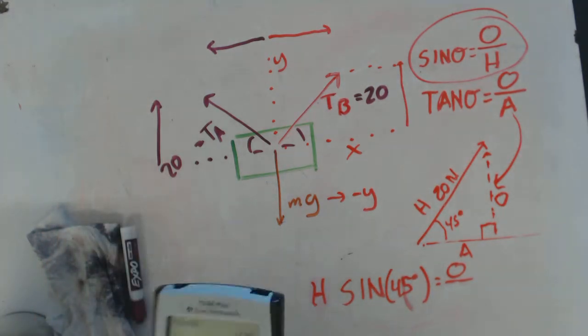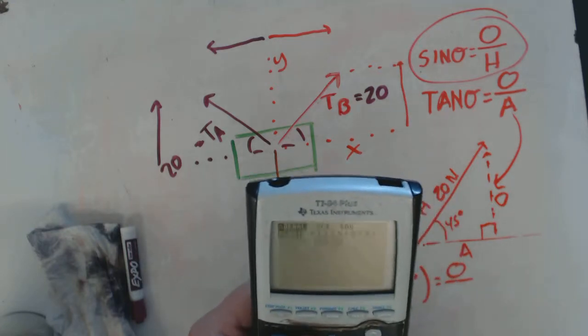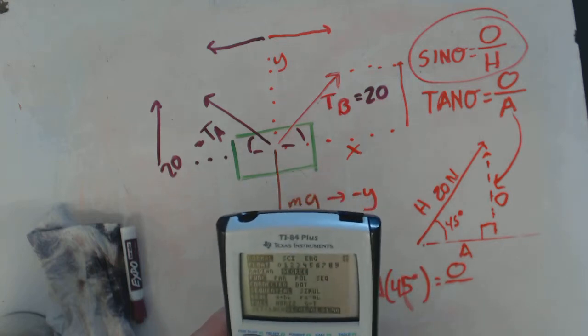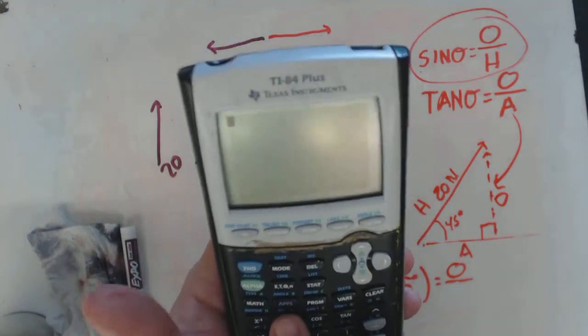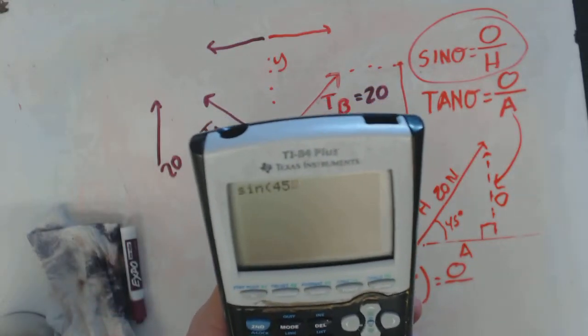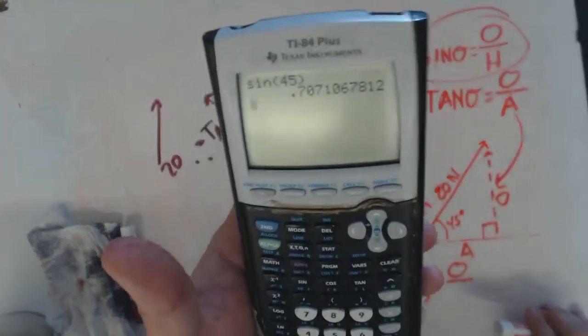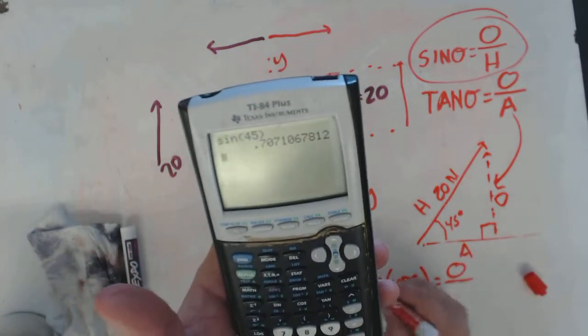Okay, the first thing I'm going to do is use my calculator, clear, and check my mode. It's in degrees. My angle's in degrees, so I'm good to go. Now I'm going to hit sine, which is this button right here, 45, and then close the parentheses and hit enter. 0.707, there's an interesting thing about 0.707, but I'm not going to go into it right now.